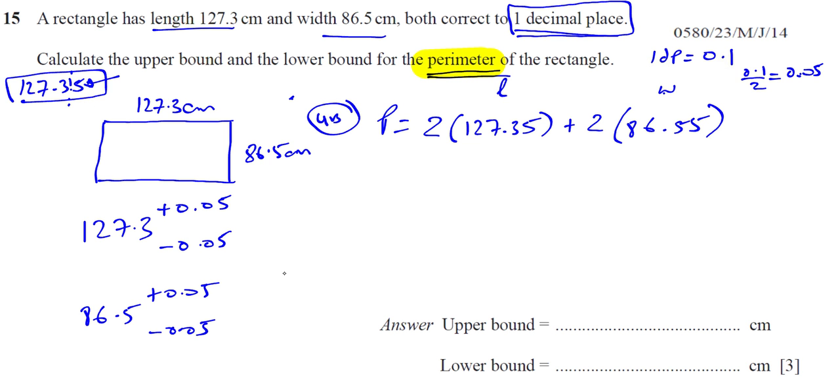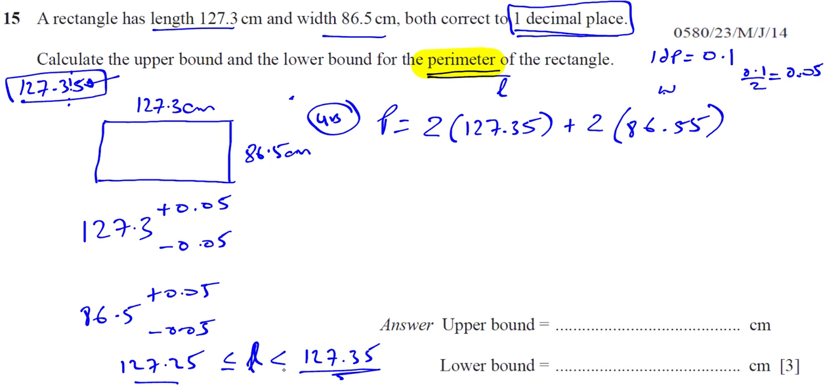So the possible values of the length would be 127.25 as the lower bound, and 127.35 as the upper bound. The upper bound means everything up to, but not including that number.